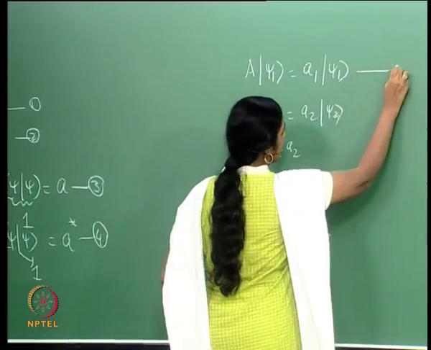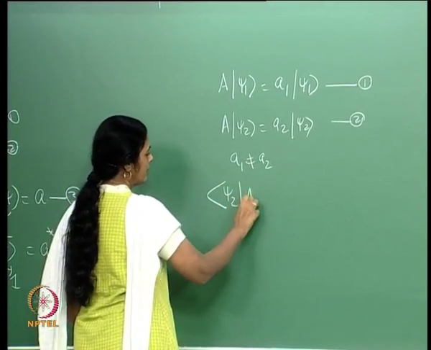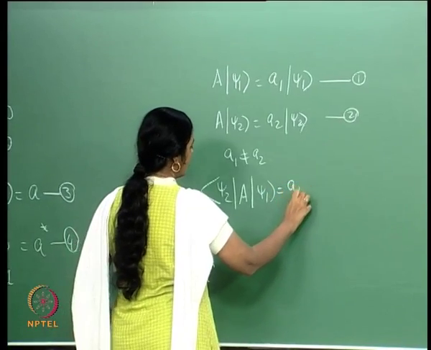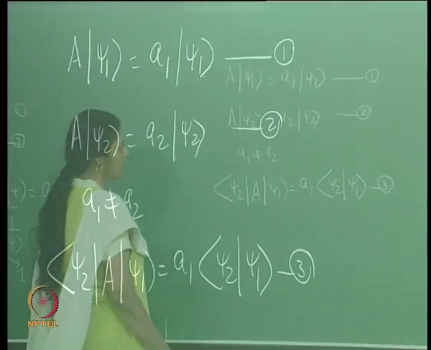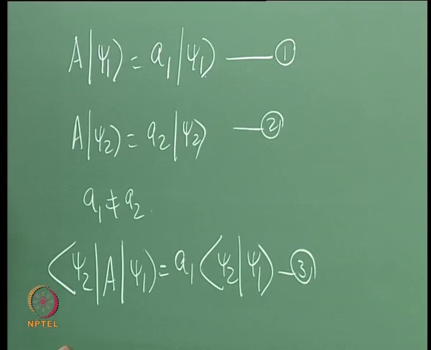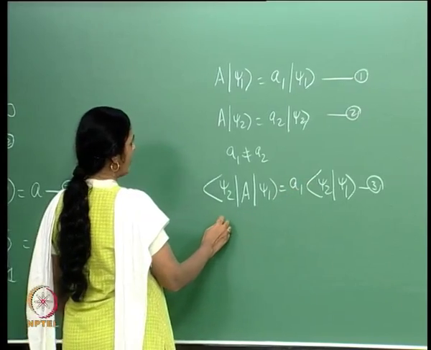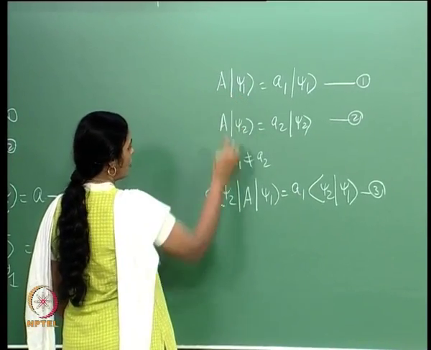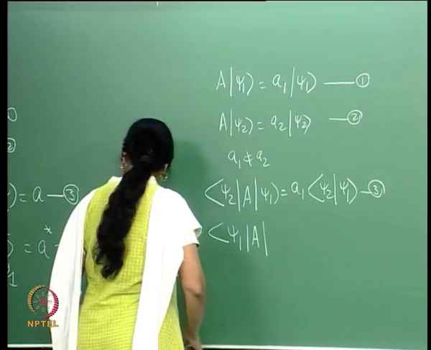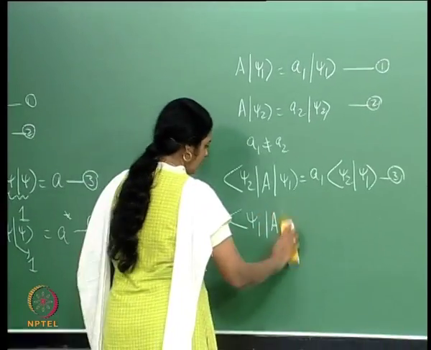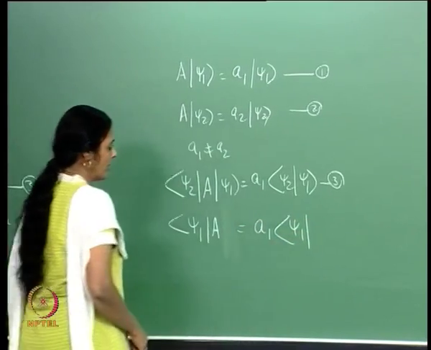Then from equation 1, I get this. I also have the bra of this, <psi1|A is equal to a1 <psi1|.